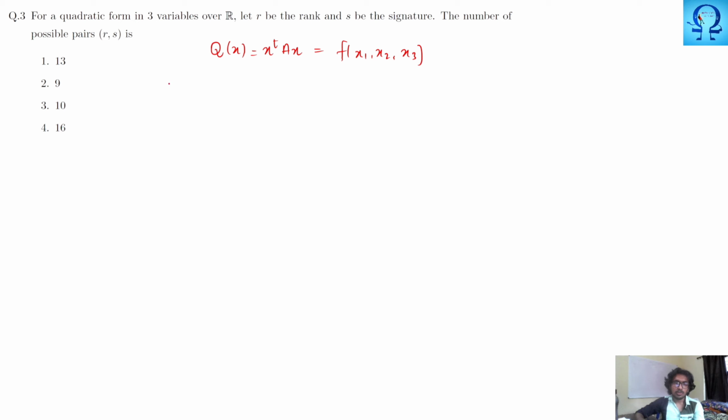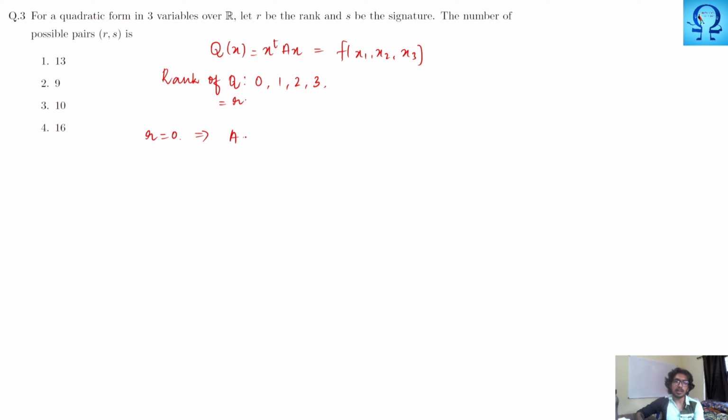So what can be the rank of the quadratic form? Rank of Q can be either 0, 1, 2 or 3, right? This is what they have taken as R. Let us consider the case when R is 0. When can the rank be 0?